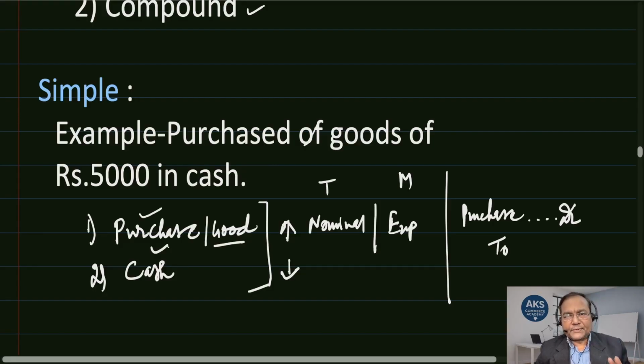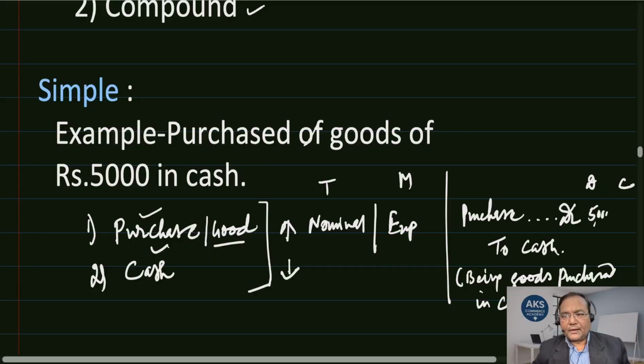The two impacts which have happened: one is on purchases, that is goods, there is an increase, or there is an expense in terms of purchase, so purchase account debit, and cash is going out. We'll write here: being goods purchased in cash. This is our narration, and since we have two sides here, debit side and credit side, we will write 5,000 here and 5,000 here as well. I hope this is clear.